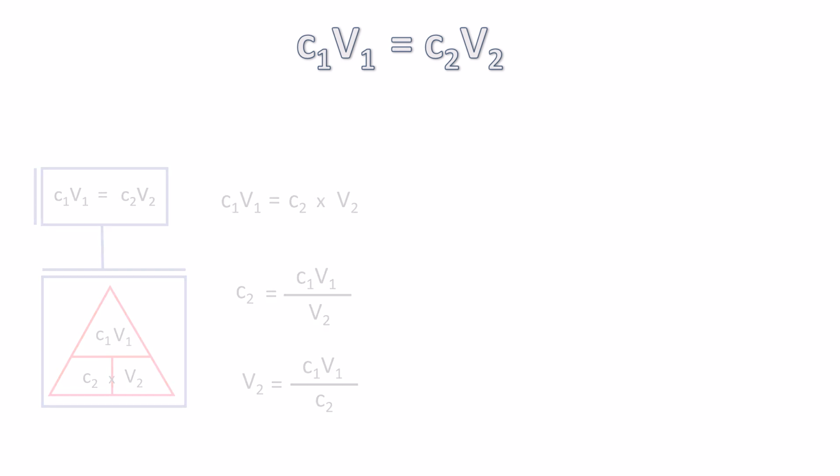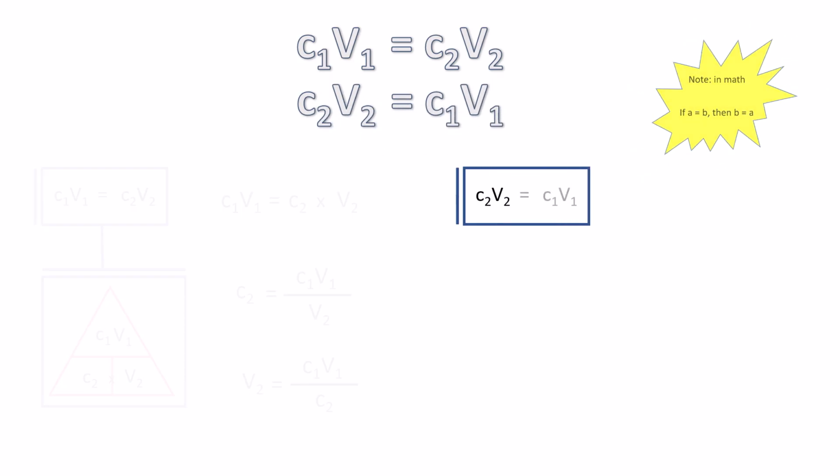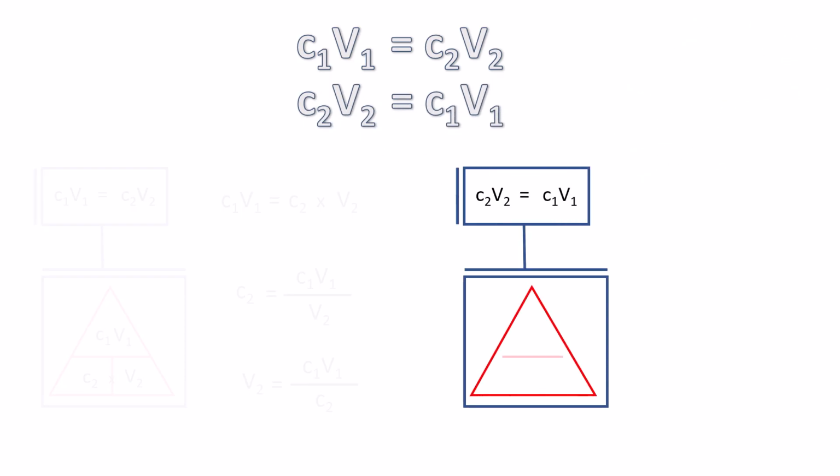To do that, we must use a mathematical theorem that states that if A is equal to B, then B is equal to A. Therefore, if C1V1 is equal to C2V2, then C2V2 is equal to C1V1. And we can create a triangle for this equation that can be used to solve for C1 and V1.